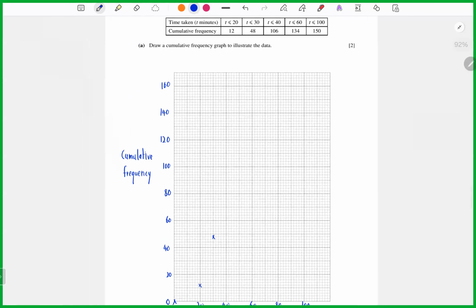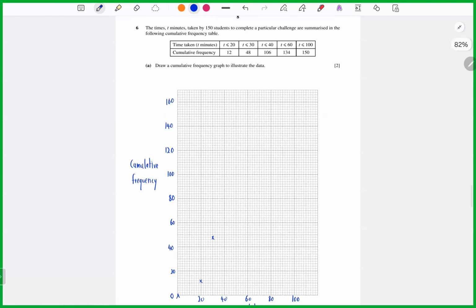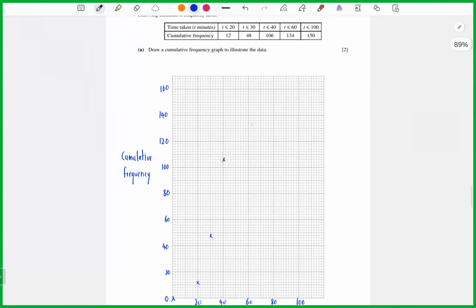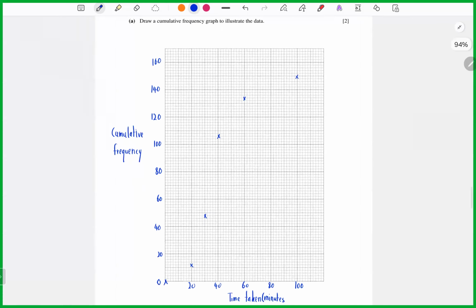Then 14, 106. And then 16, 113. Then 115. It's until here. So you can start to draw.